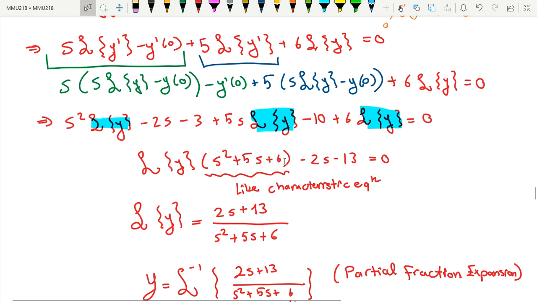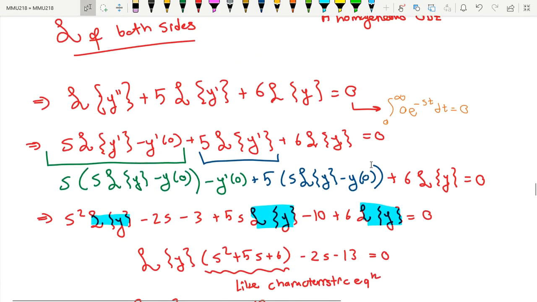We will look at the coefficients of Laplace y, like a characteristic equation that you have been seeing in ordinary differential equation solutions before. So there's nothing much different, but here we have already incorporated the initial values.